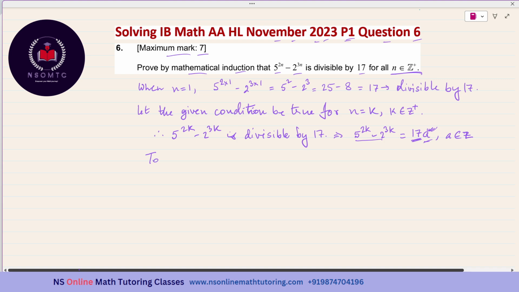Therefore, to prove when n equal to k plus 1, 5 to the power of 2 times k plus 1 minus 2 to the power of 3 times k plus 1 is divisible by 17.